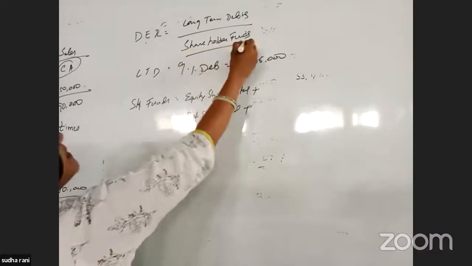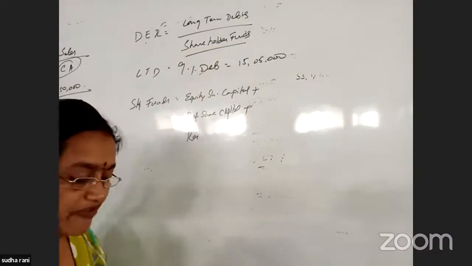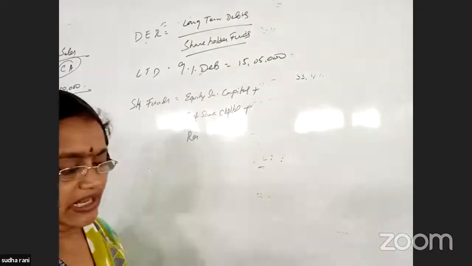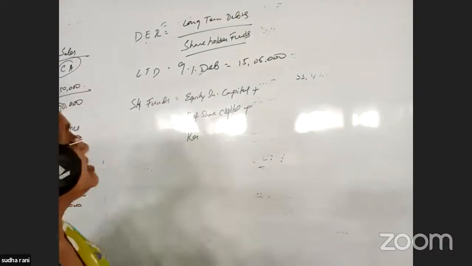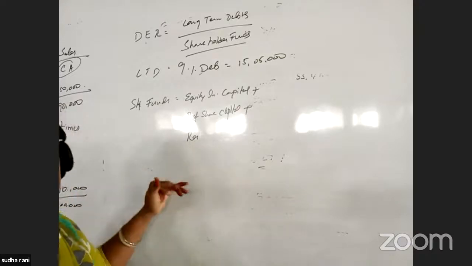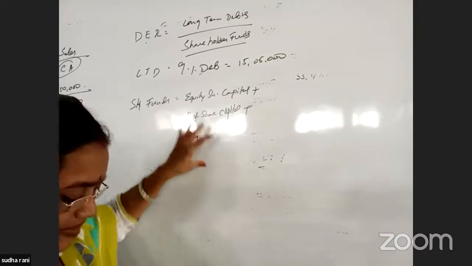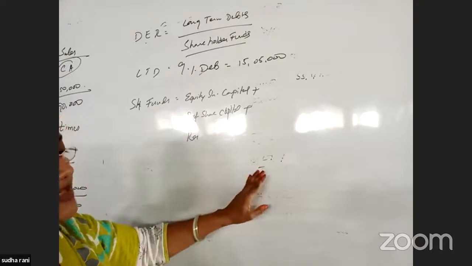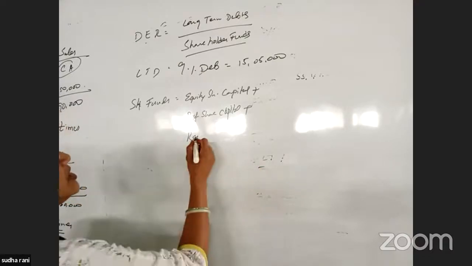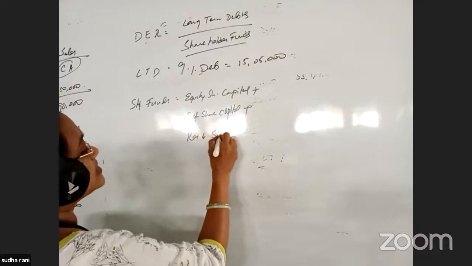Under shareholder funds, we take everything that relates to the shareholders, like both share capitals, equity and preference share capital, reserves and surplus, and any other accumulated profit. From these, if any preliminary expenses or fictitious assets are there, they have to be subtracted. In this question, we don't have such fictitious assets.